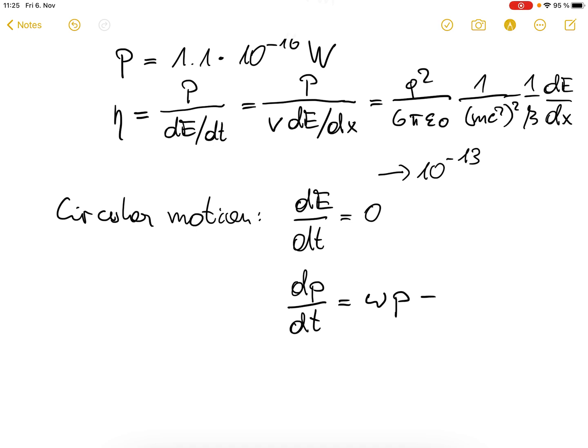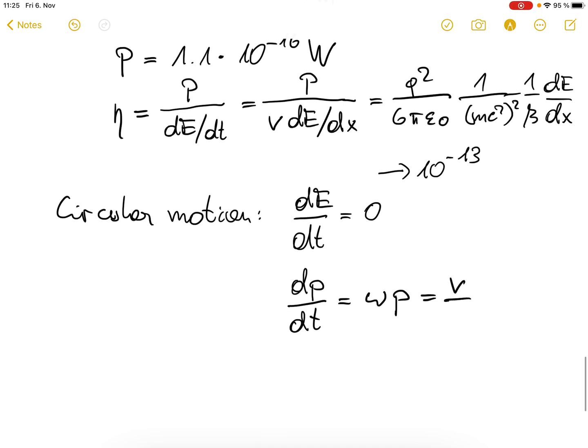This omega could be the cyclotron frequency of a particle in an accelerator, for example. It's a velocity over r, and then we had a momentum p. Now we make the ultra-relativistic limit, which is easy to do here.